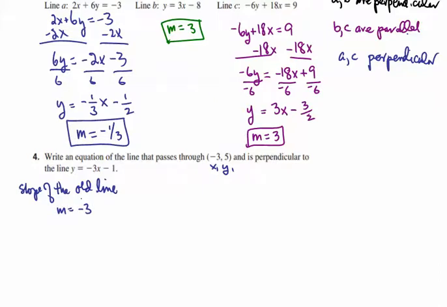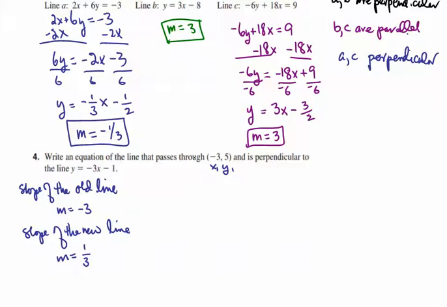The slope of my new line then would have to be an opposite sign. So if the original was negative, this one will be positive. And it has to be reciprocal. So if the original were 3, this will have to be 1/3.